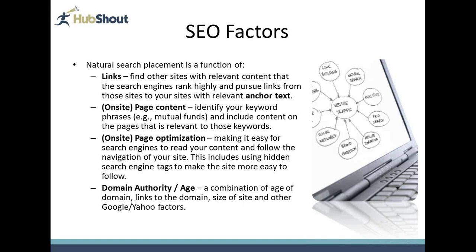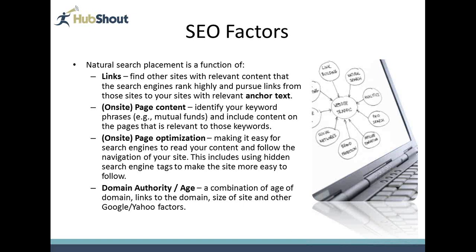The other one is then on-site page optimization. So these are the meta tags, the behind-the-scenes tags like title, description, and other things that a user of the website may not directly see unless they're looking at the title tag, which is usually in the browser tab bar. But these are things that, again, help describe the page to the search engines. So those are important.